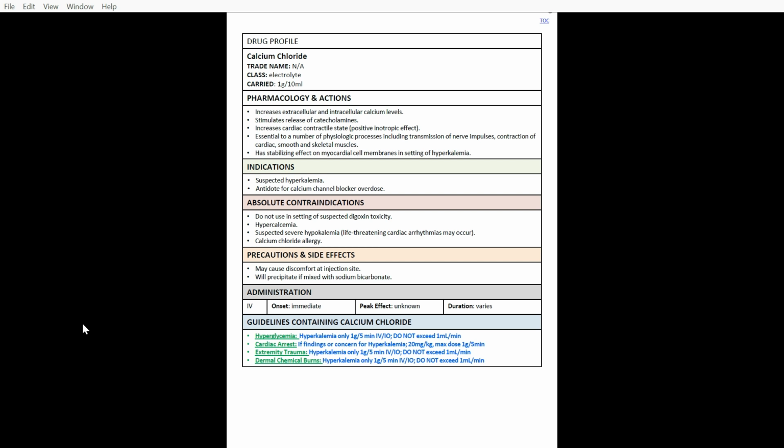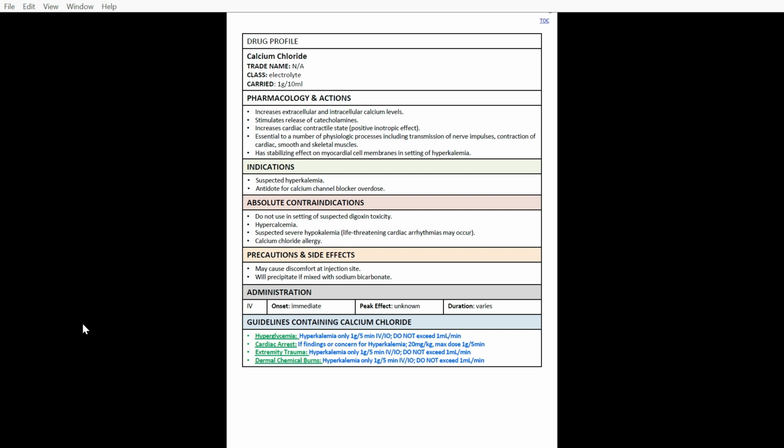The four guidelines that contain calcium chloride are these: hyperglycemia, cardiac arrest, extremity trauma, and dermal chemical burns. All of these guidelines can contain patients that could potentially be hyperkalemic.